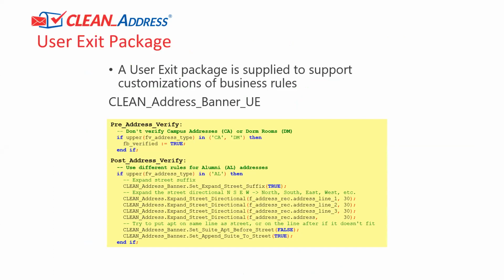So, for instance, if a college or university wants to spell out names for Northeast, Boulevard, Street, and name suffixes like Junior or Senior for their alumni, but would like to have the USPS standards enforced for students or HR, you can set in the pre-address verify and post-address verify specific rules for different types of addresses, where it will say if the address is of this type or is looking sort of like something else, it will change those standards on the fly based on the address type that you wish to put in place.